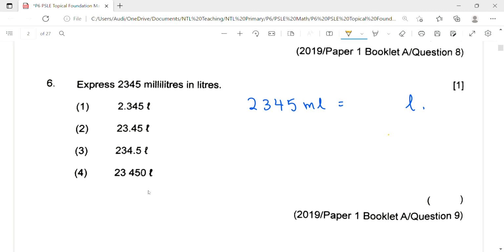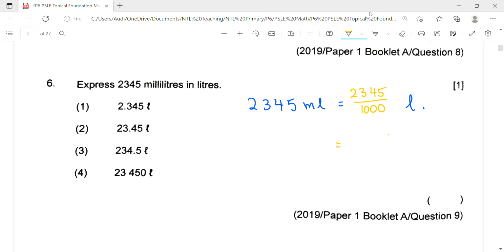When we divide by 1000, we will first identify where the decimal point is. Let me do the long working. 2345 divided by 1000.